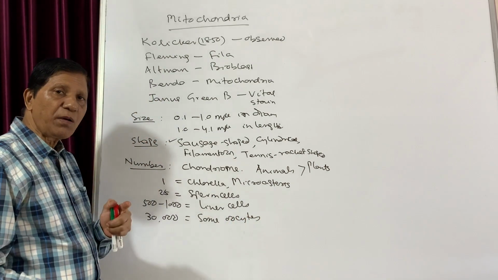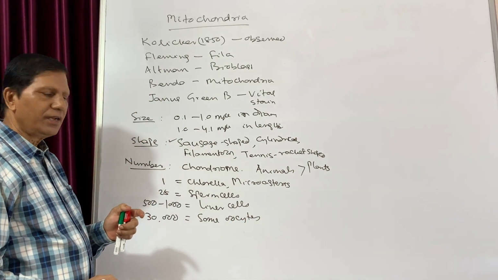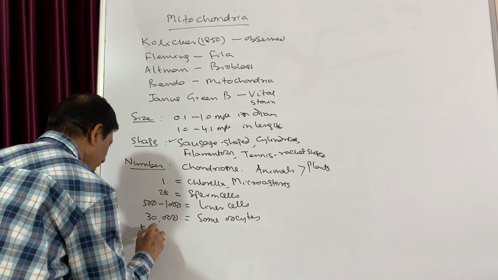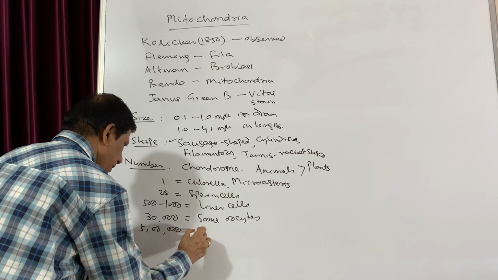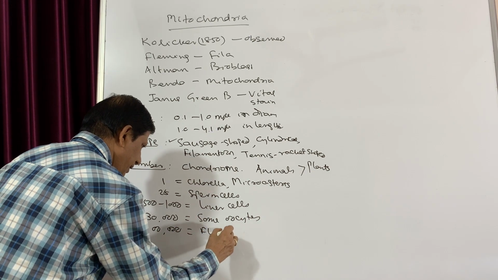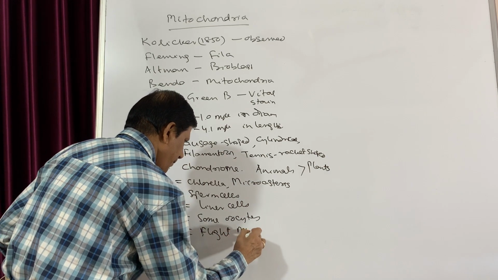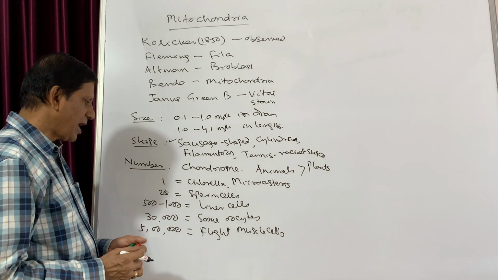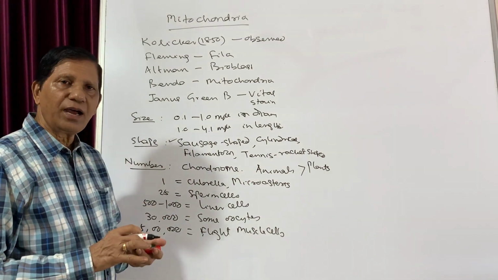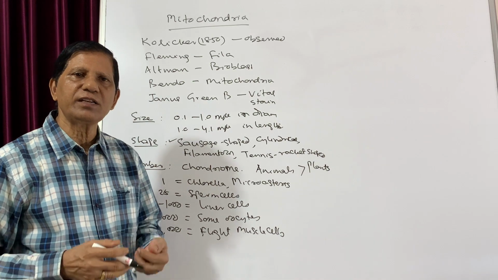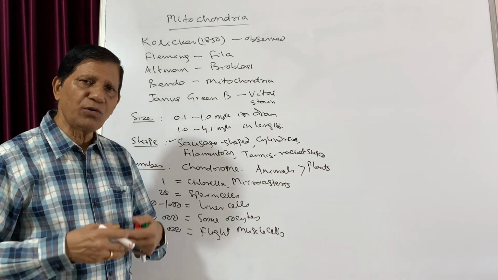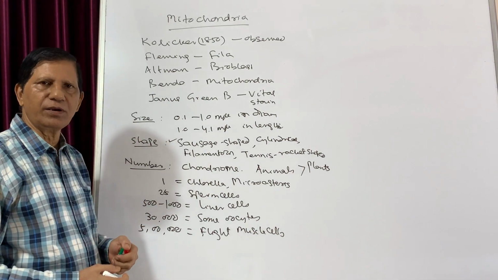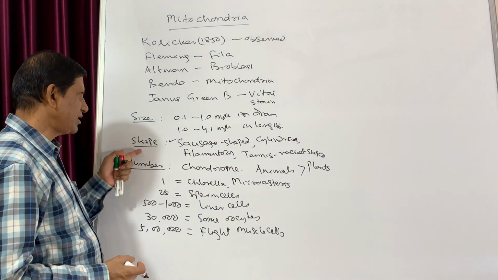The maximum number is present in flight muscle cells, around 5 lakhs, in the flight muscle cells of birds. Mitochondria are located more where more energy is required. The cells which are more active require more energy, so naturally they require more mitochondria. So this is about the size, shape and number.